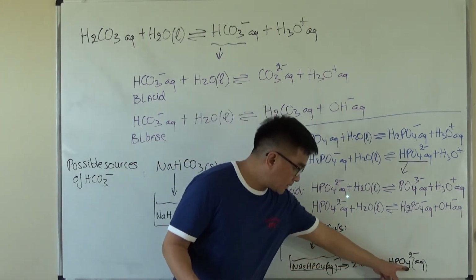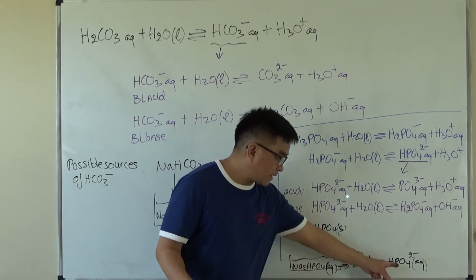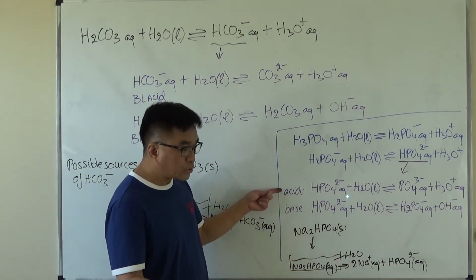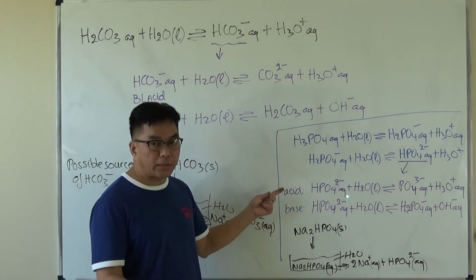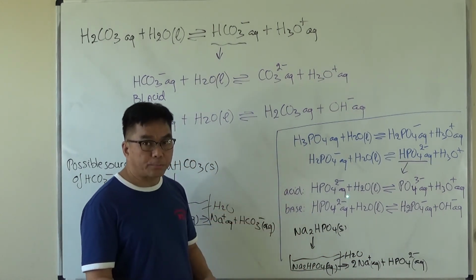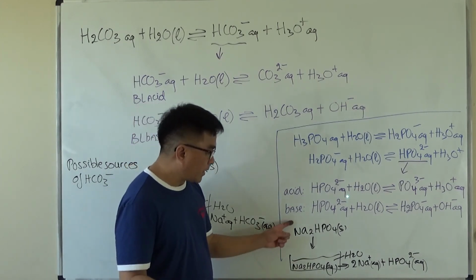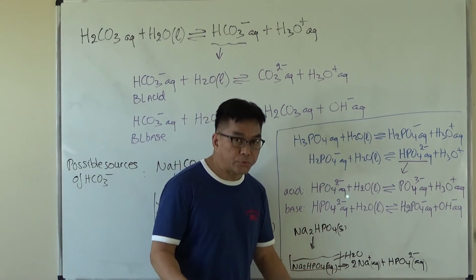And this species is amphiprotic because potentially it can undergo these 2 reactions, in which one is acting as a Brønsted-Lowry acid and the other as a Brønsted-Lowry base. But again, it comes as a neutral compound.